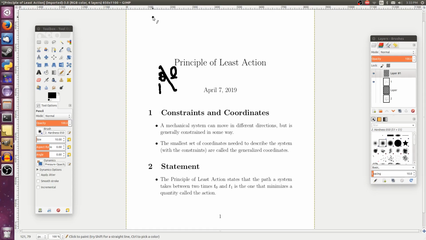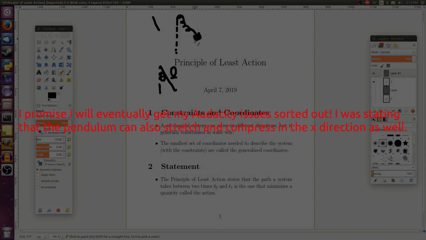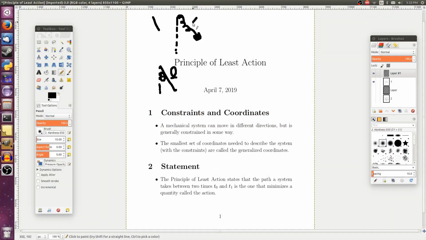Now, if you had, for example, a pendulum that could not only swing about some angle, but could also stretch by some amount x, then we would need two coordinates.